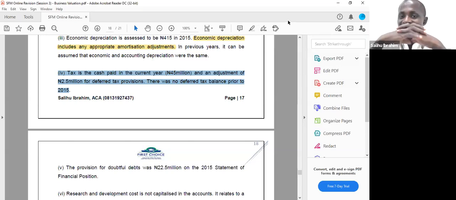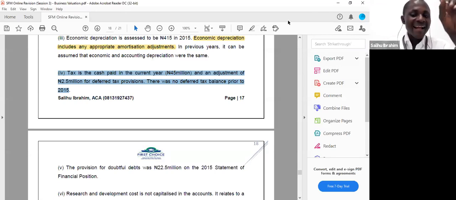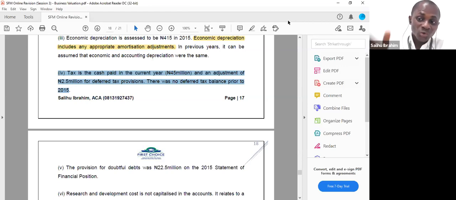Bukola, that is the reason why, before I started, I told you the capital employed we are going to use and the profit we are going to use. Are we using capital employed for 2015? Obviously, no. If you add that capital research and development to capital employed, you are making a mistake, because the adjustment of capital employed should be made in 2014, not the 2015 figure.